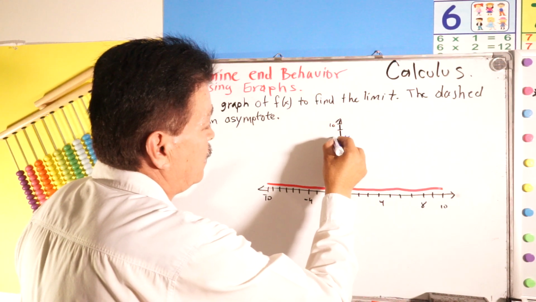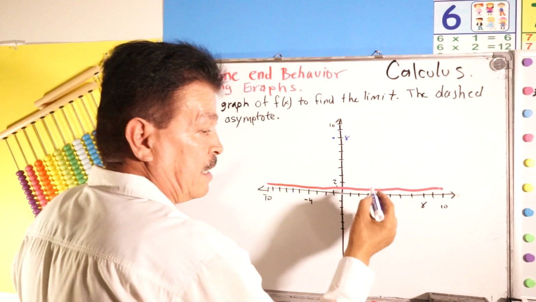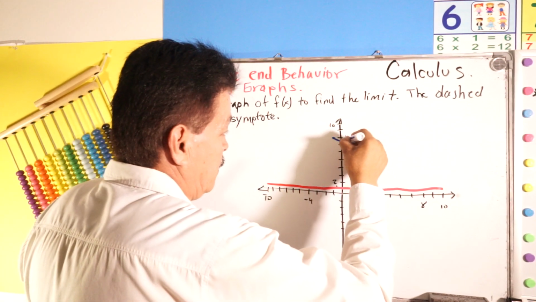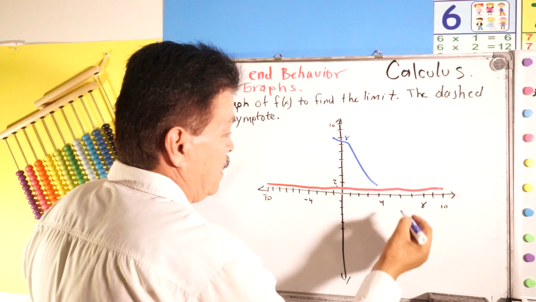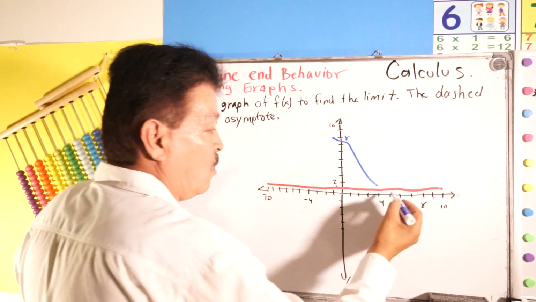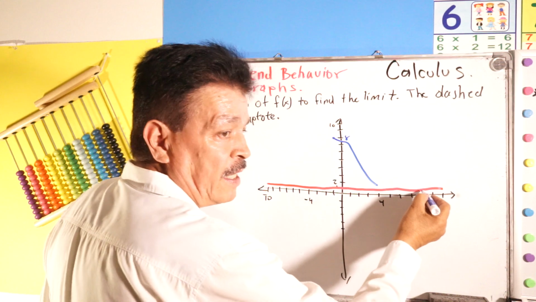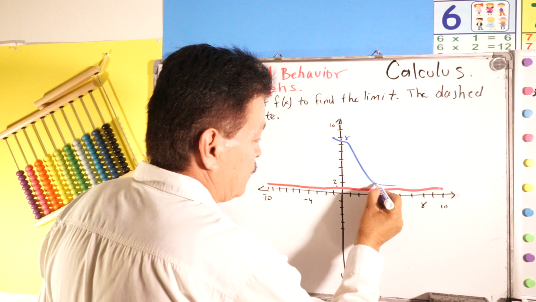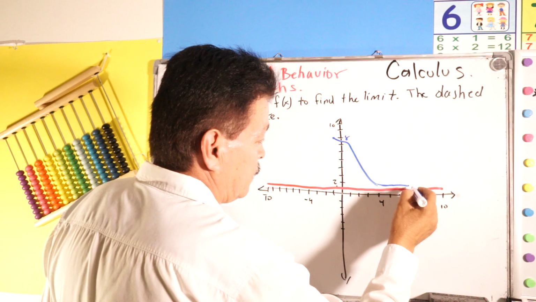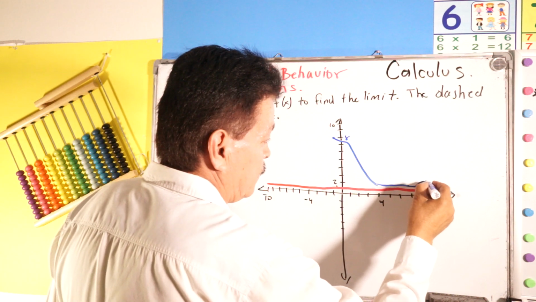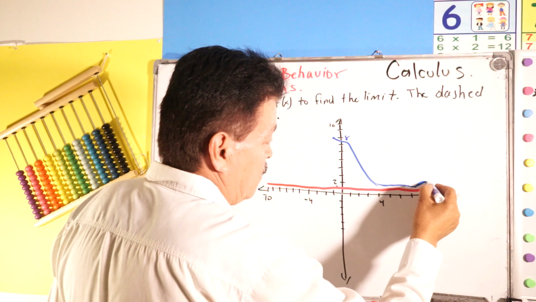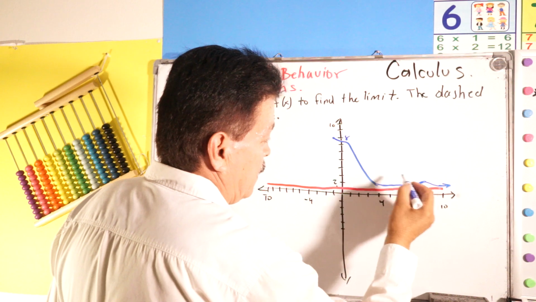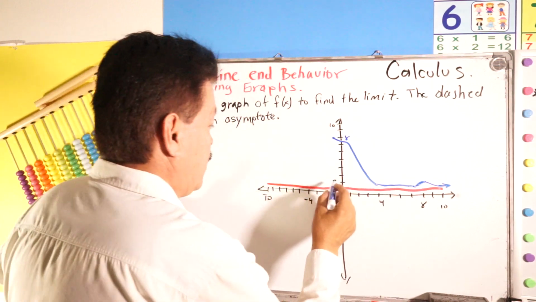This is 8 right here. Then the graph crosses right here, and there's another point right here, a little curve, and also right here.